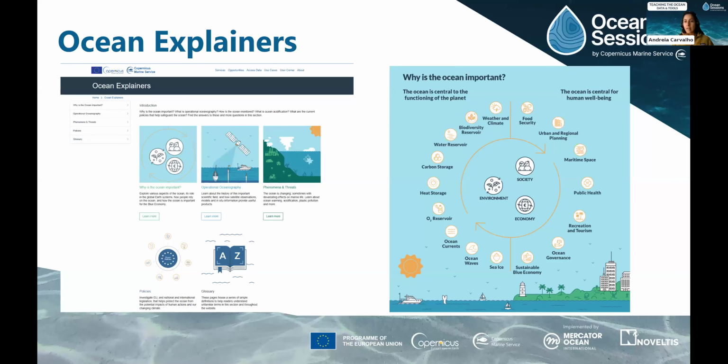So here you can find really the first level information on these topics, and also on what is operational oceanography, which is the core activity of the Copernicus Marine Service. So how is the data collected? Why do we need all these instruments, etc. And also on the different phenomena and threats that are impacting the ocean. So yeah, these are a very good start if you are maybe someone young who doesn't know much about the ocean yet, or a teacher who's looking to find basic materials to use in their courses. This is a good start.